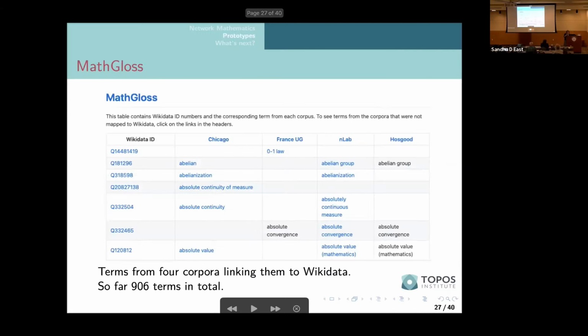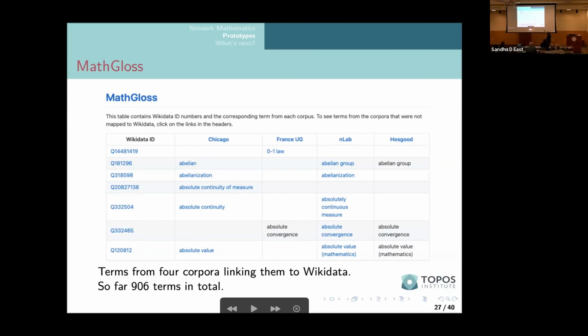That's what MathGloss looks like. Again, we use Wikidata as the source of concepts. We have Chicago notes, which are notes of an undergrad taking classes in the Department of Mathematics at the University of Chicago. Then we have the French undergraduate description.